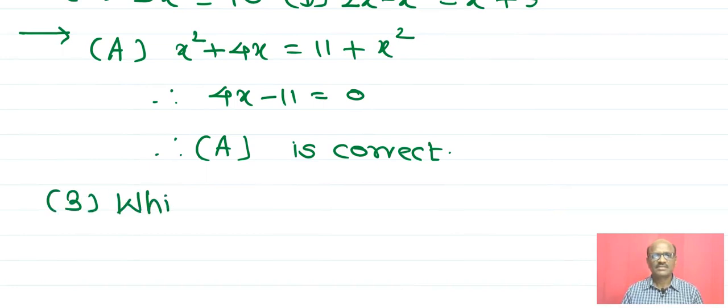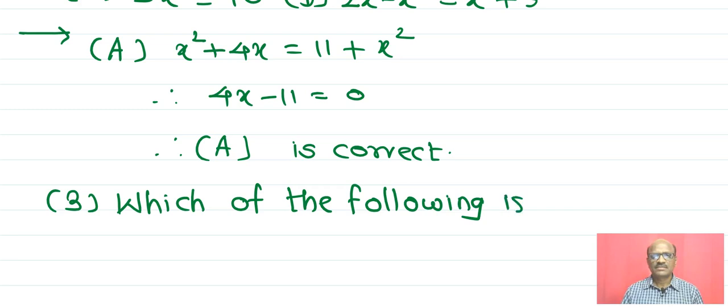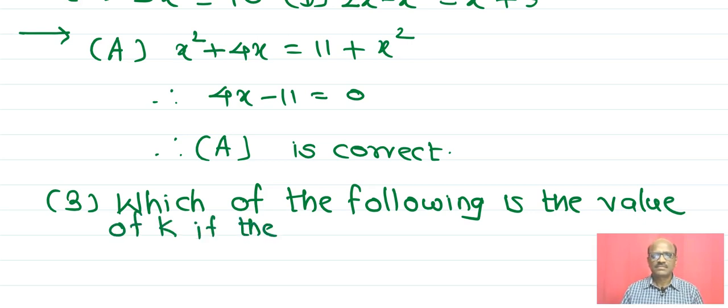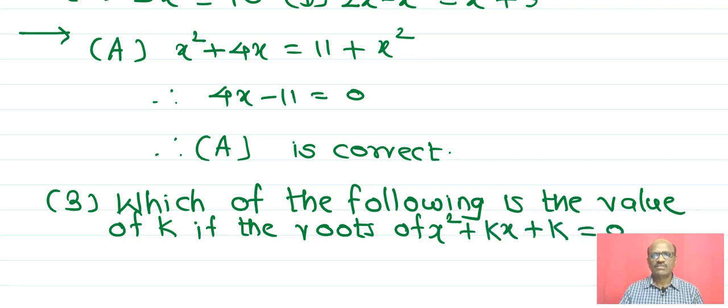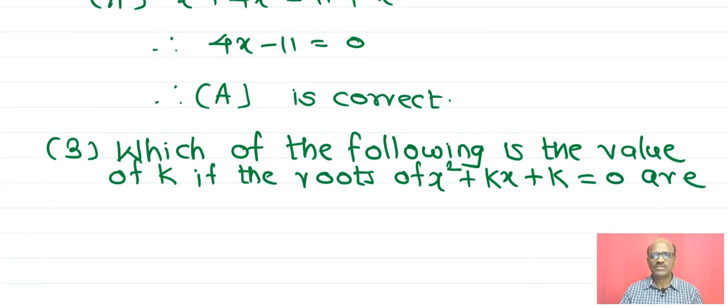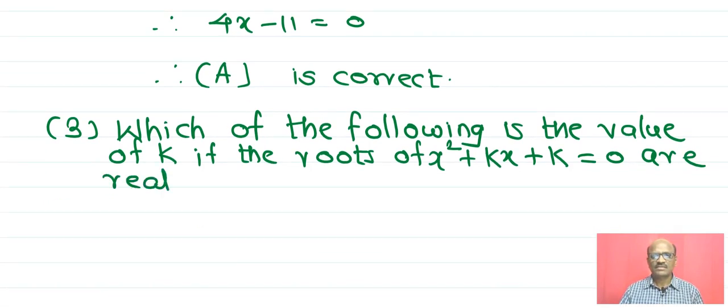Number 3. Which of the following is the value of k if the roots of x square plus kx plus k equals to 0 are real and equal?